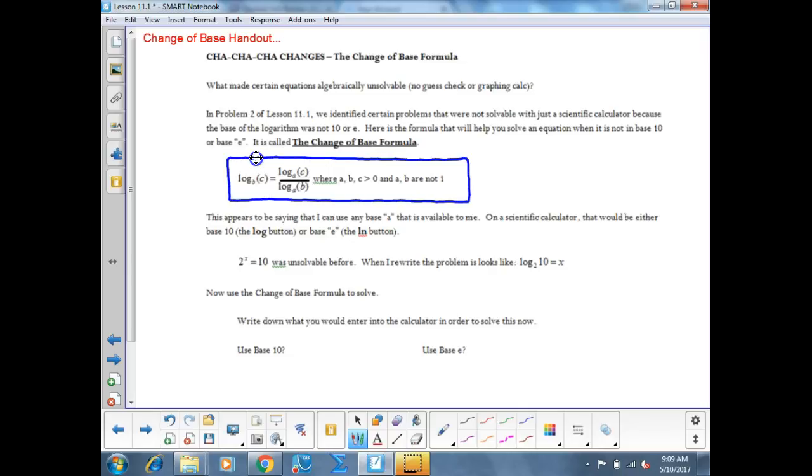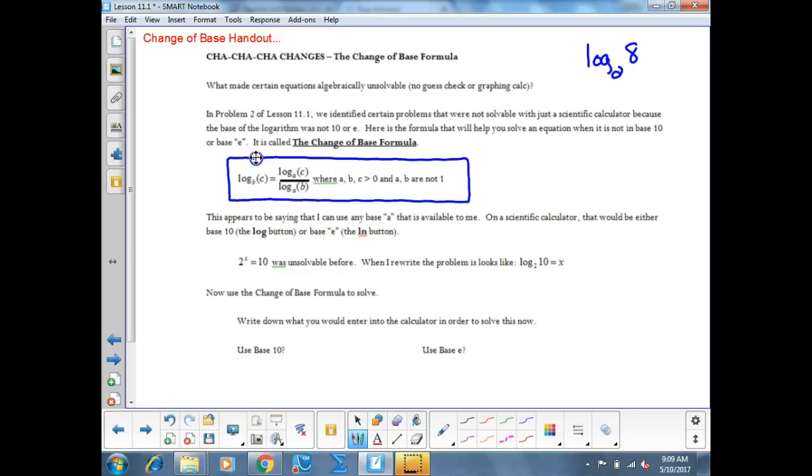So if I need to figure out what log base b of c is, and c is not a power of b, you know what I mean? If it was log base 2 of 8, 8 is a power of 2, so that one's going to be 3.